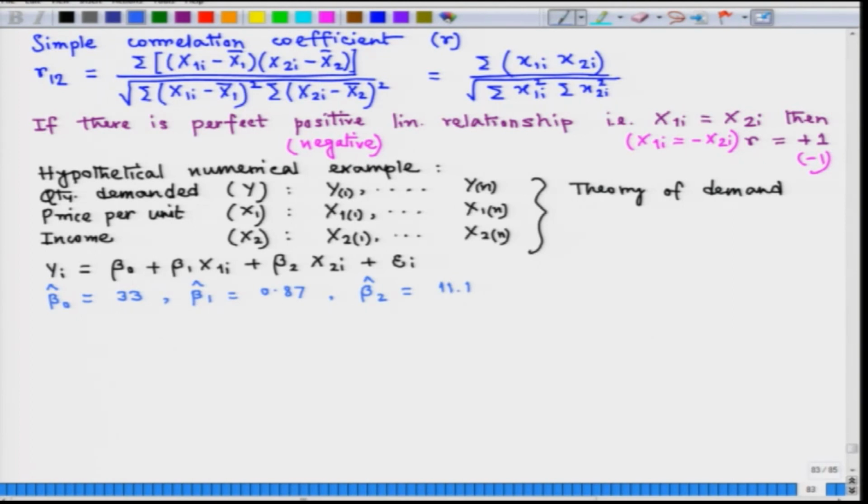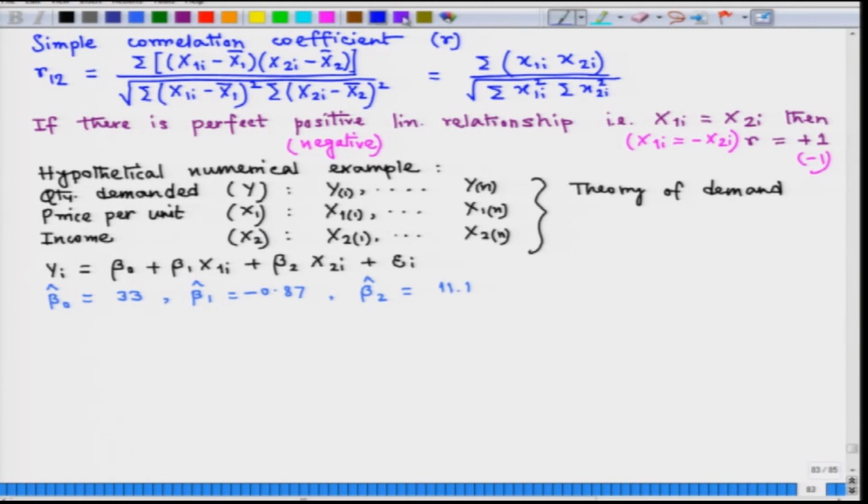So, suppose these are my numbers, fine. So, what do we get to know from these numbers? So, first we have to concentrate on the partial regression coefficients beta 1 hat and beta 2 hat. Sorry, let me put a negative sign in front of this number 0.87, because the reason will be clear to you soon.